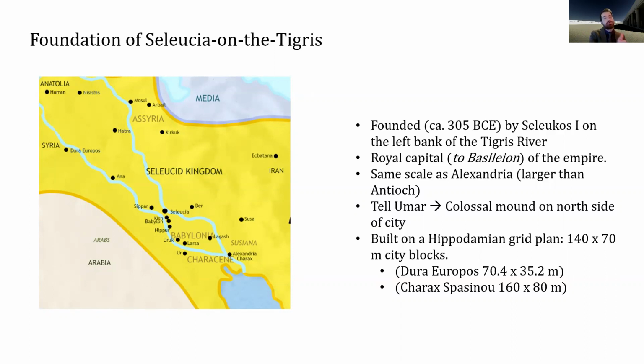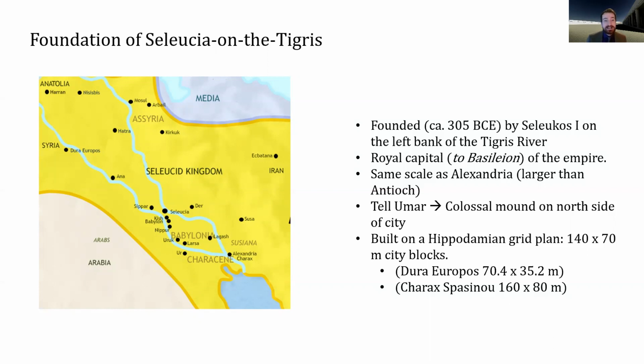Now, while the king would go around on campaign and visiting sites, everything was kind of centered on Seleucia on the Tigris. It was the same scale as Alexandria, so a huge, massive city, much larger than Antioch. And there was this colossal mound on the north side of the city called Tel Umar, and no real idea what its function was, and it confused archaeologists for a very long time.